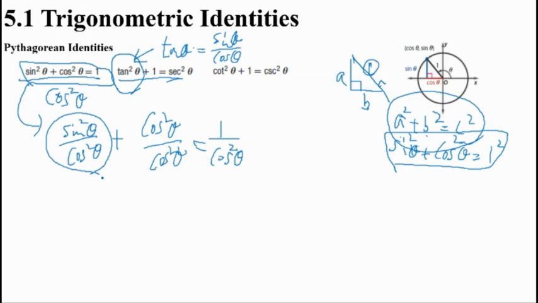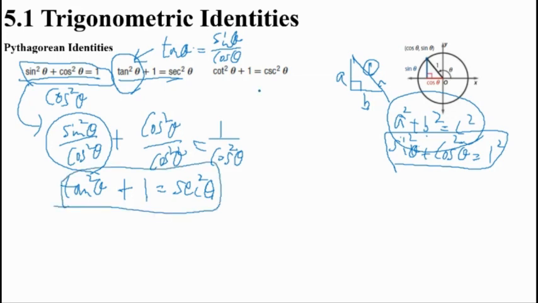So this one is going to be tangent theta squared, this one is 1, and 1 over cosine squared means secant theta squared. Boom, boom, boom, right?